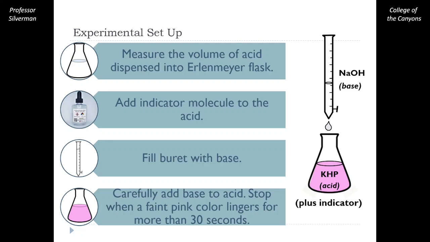Then we need to stop adding our chemicals and use our burette to measure exactly the amount of our NaOH that has been dispensed. We can measure that volume of our NaOH. If our sodium hydroxide is the titrant, we should know its concentration.